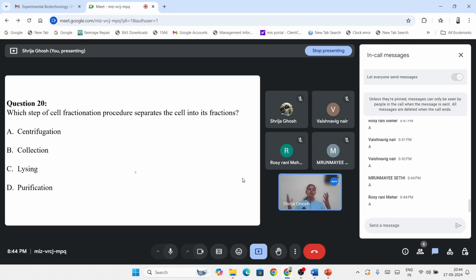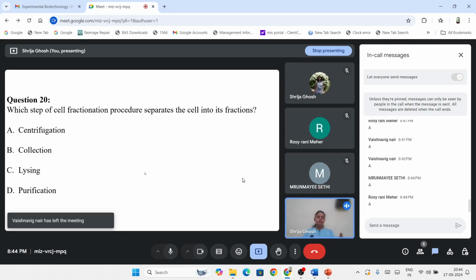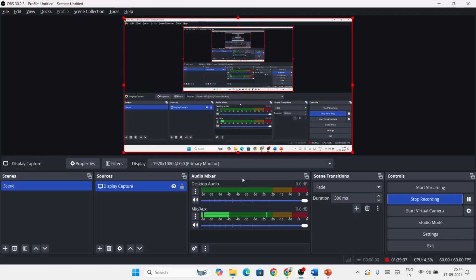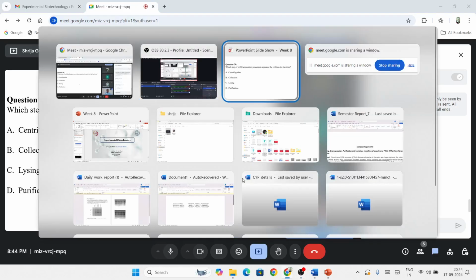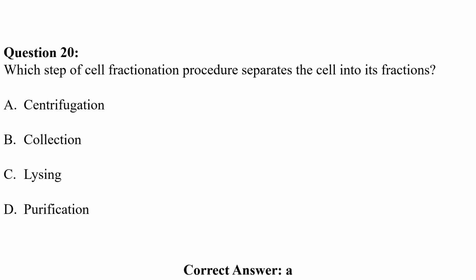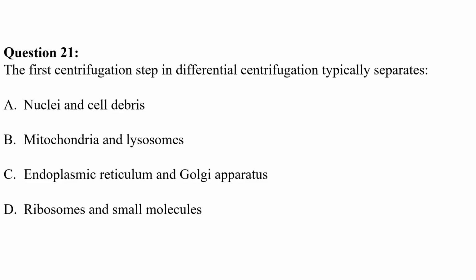As I have explained, first you will do the homogenization, and then the next step would be centrifugation, where you can separate different cell components into different fractions. You can separate the nucleus, the membrane, the mitochondria and the ribosomes. So you can have different fractions and then study each and every fraction separately. Yes, so option A, centrifugation, is the correct answer.